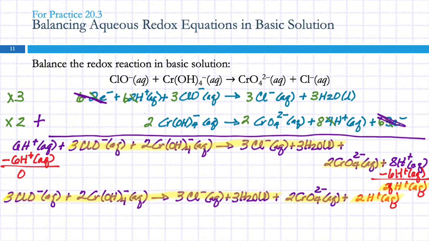Orange. So I'm going to add 2 hydroxide ions. That will give me 2 water molecules. And I'm also adding 2 hydroxide ions over there.